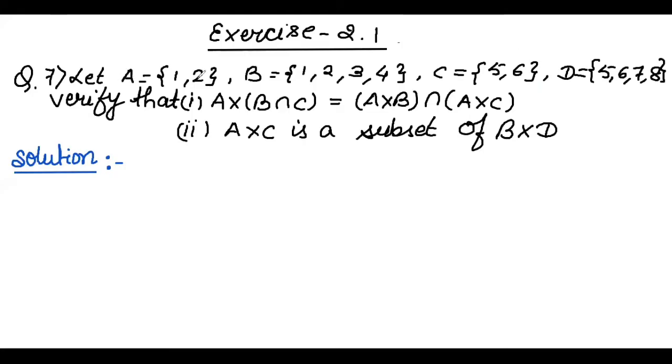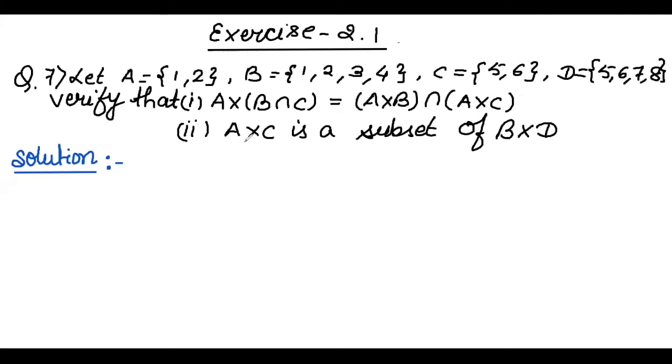Let A equals 1, 2, B equals 1, 2, 3, 4, C equals 5, 6, and D equals 5, 6, 7, and 8. Then verify that A cross (B intersection C) is equal to (A cross B) intersection (A cross C). That we have to verify.